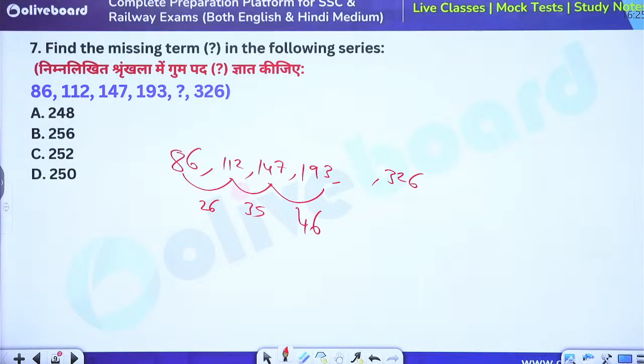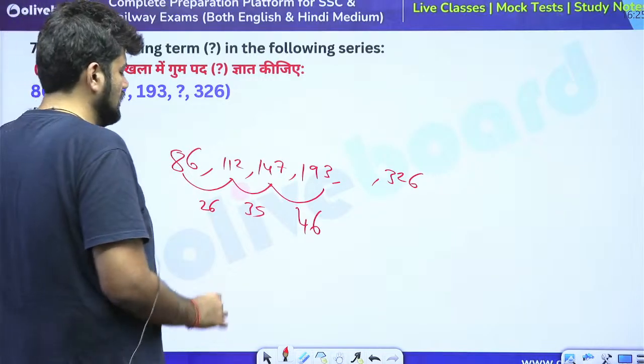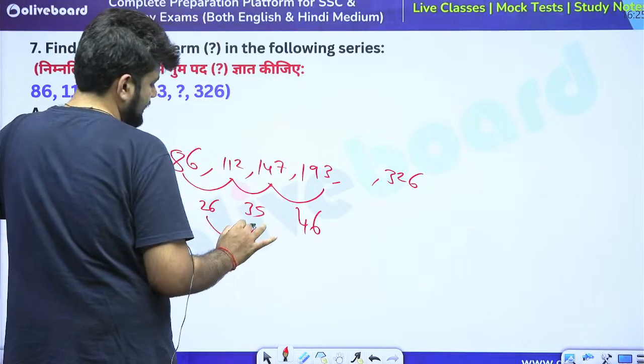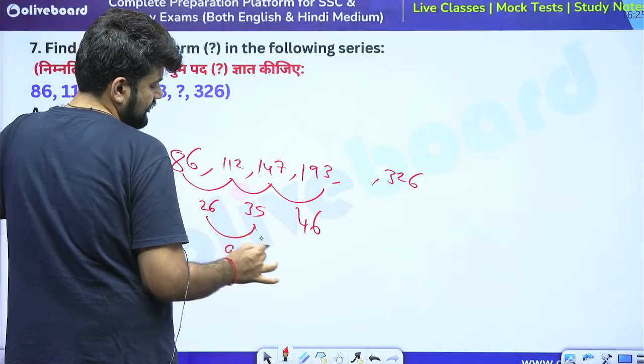Okay, is that right? What is the double difference? Double difference is 9 and we have 11 here.